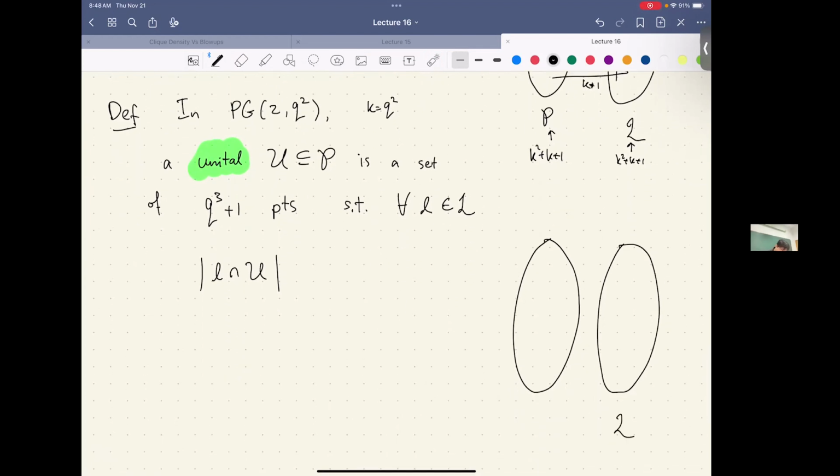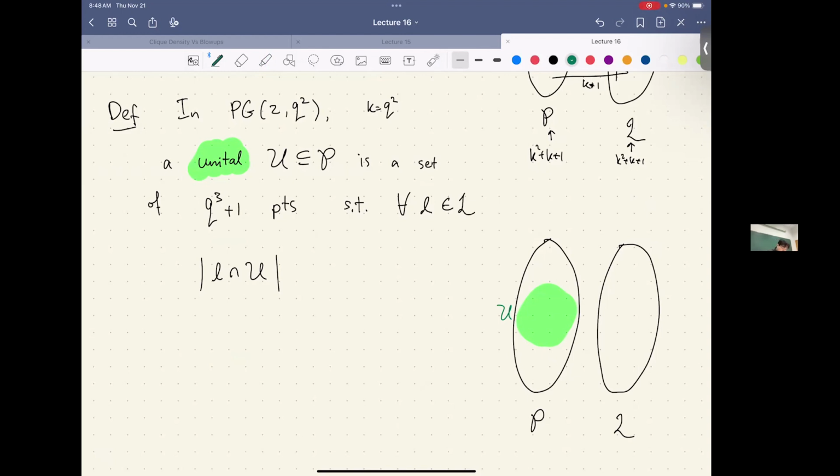So this is L, this is P, and inside we have some subset of points, the unital. Oh, let me draw it in the middle. This is our U. Okay, the unital, Q to the 3 plus 1 points.